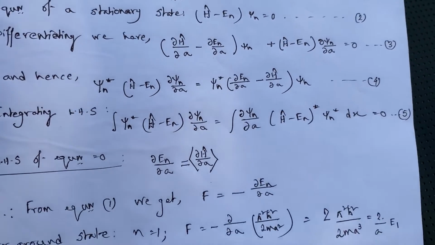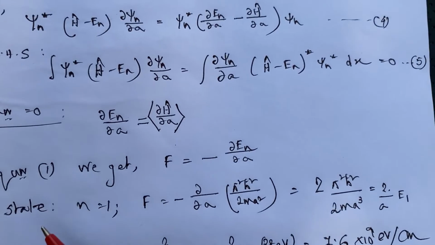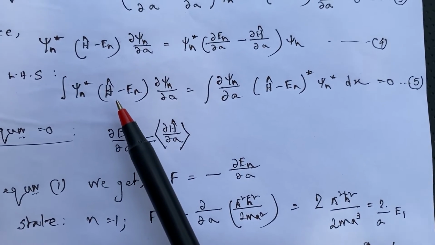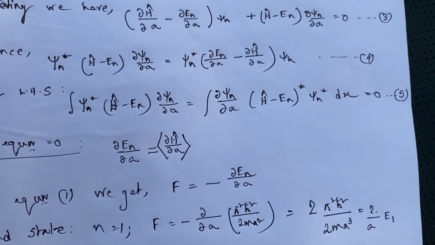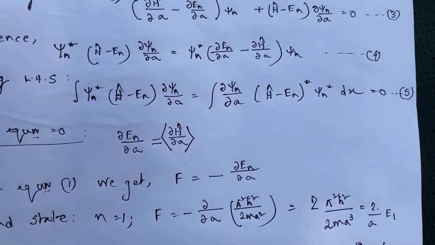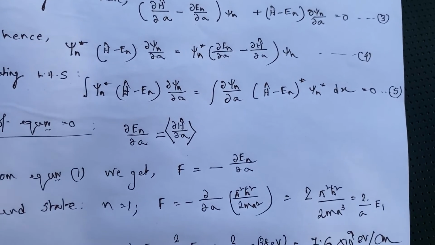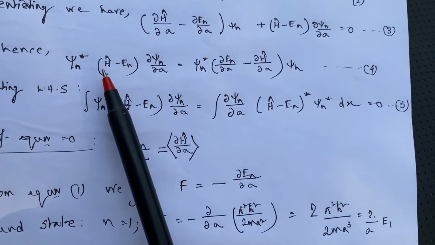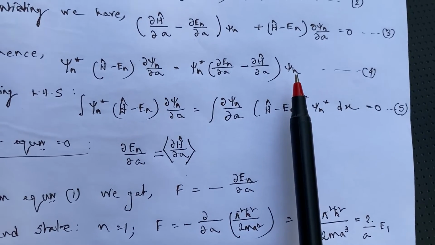Now if we integrate the left hand side, we get equation number 5, and now equation number 5 will give me basically the expectation value of the Hamiltonian in this complex states. Now as H is a real quantity, this thing is equal to 0. So the left hand side is equal to 0 and the right hand side is equal to 0.